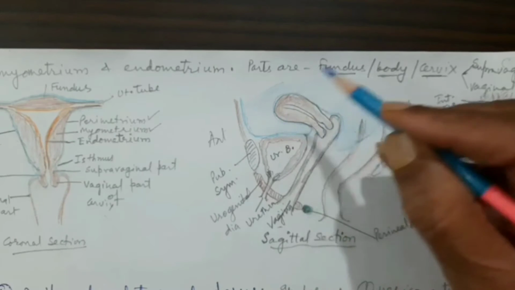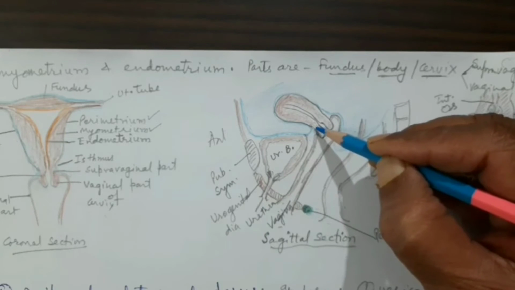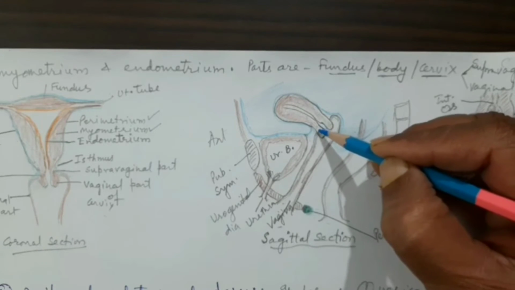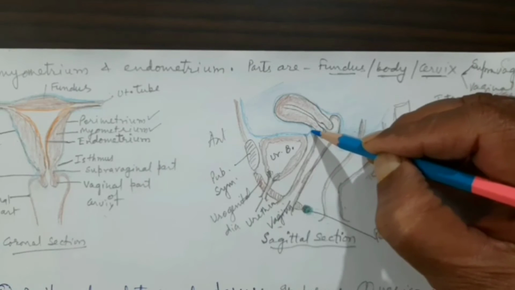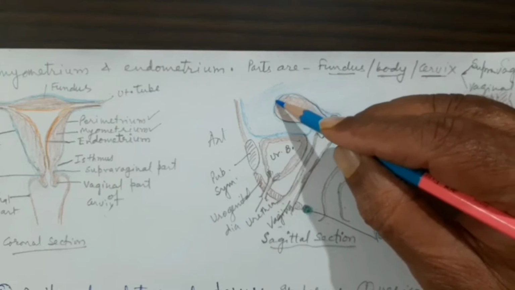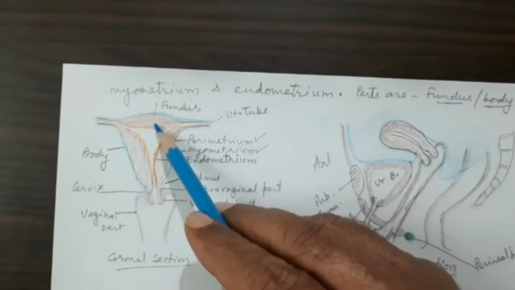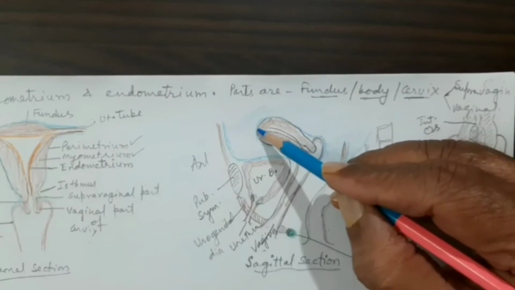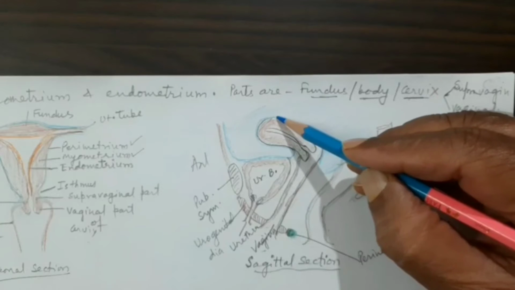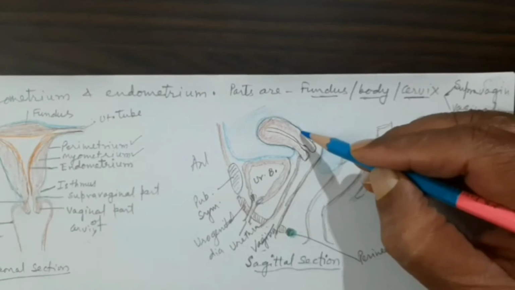So the whole of the anterior surface above the supravaginal part of the cervix is covered, then the superior surface of the fundus of the uterus, which is covered by the peritoneum, and then it goes to the posterior surface of the body of the uterus.